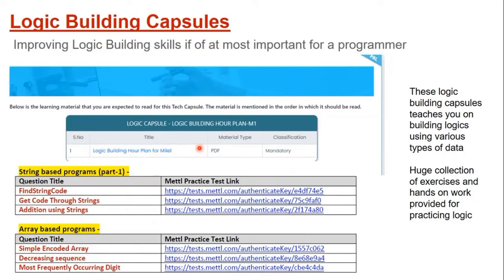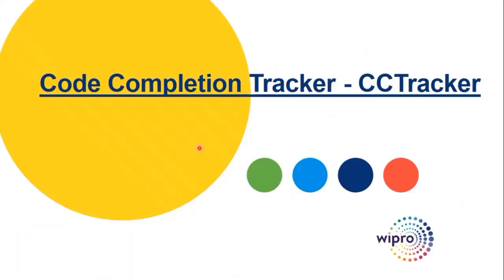So this is your third segment, which is your problem solving and logic building activity, right? So now you have done your technical learning, you are doing assignments and projects, and also covering the problem solving techniques. Now what next?